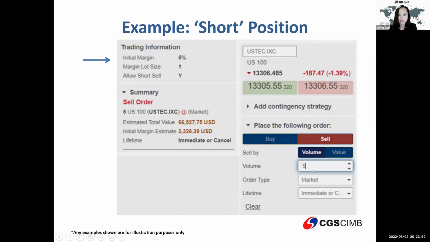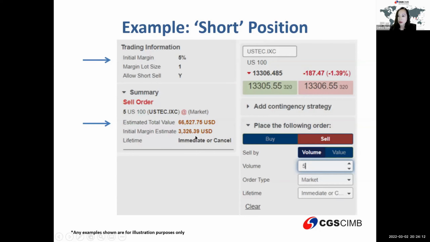Let's say I want to short sell 5 contracts. In this case, my initial margin is 5%. For index contracts, most of the initial margin is 5%, meaning the leverage is up to 20 times. The value for these 5 contracts is about 66,000 US dollars, because I need 5% in my account.